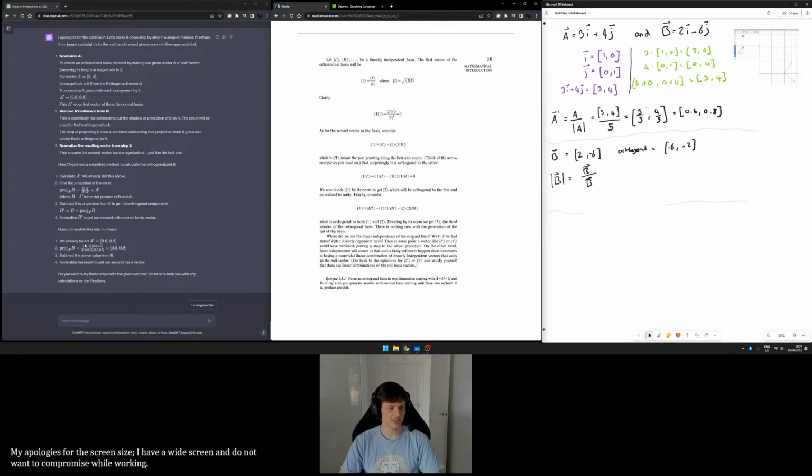The projection of A on B is that times that divided by that times that. So subtract the above value from B, normalize the vector to get our second basis vector. Do you want to try these steps with the given vectors? I'm here to help you with any calculations or clarifications.